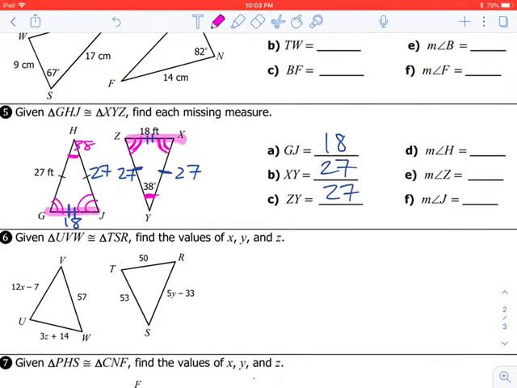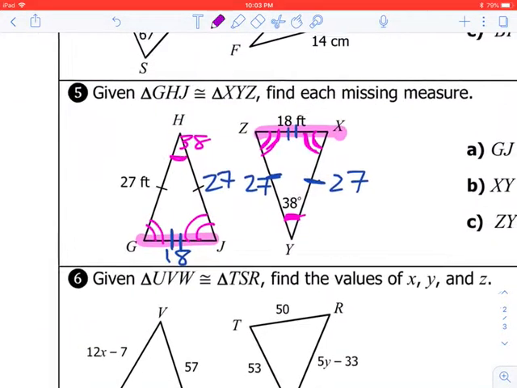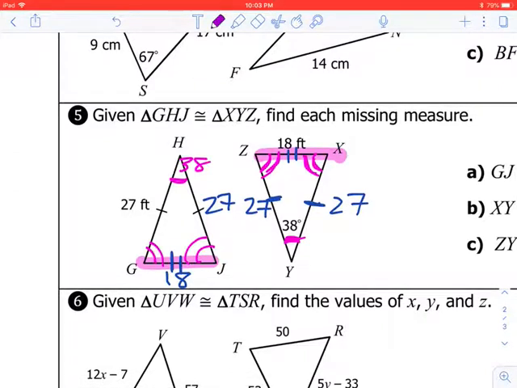So first, angle H goes with angle Y, so that's 38. Now for Z and J, we're going to have to do a little math here. So 38, and then these two angles are going to all add up to 180. So if I subtract 38 from 180, that's going to give us, what, 142?